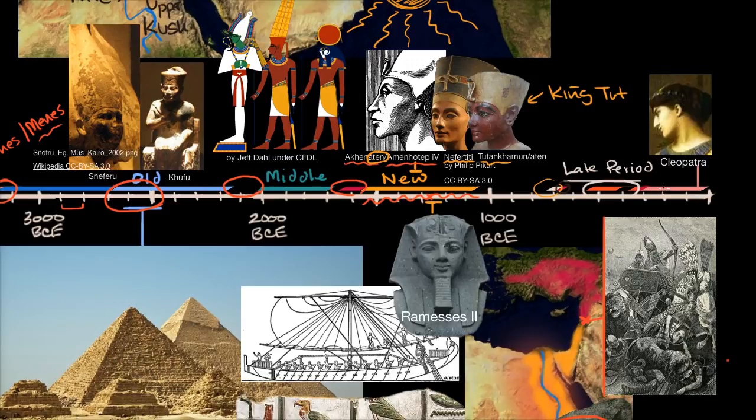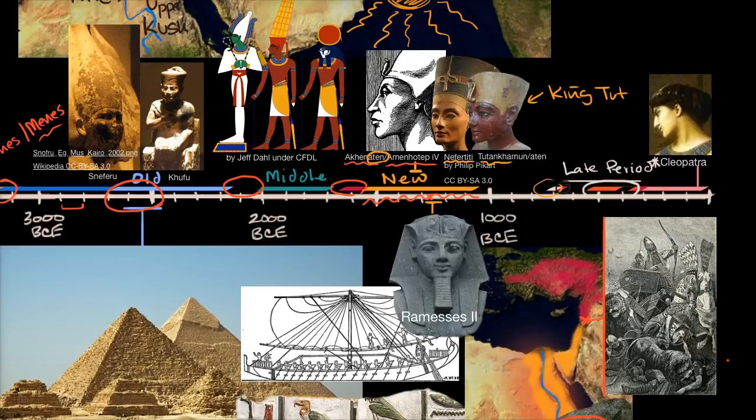And now it's being ruled by foreigners. Well, it's been ruled by foreigners for a while now, but now it's by the Greeks. And the famous Cleopatra, who's considered a pharaoh of Egypt, she's actually Greek by blood. She is actually the one that seduced, you could say, Julius Caesar and Mark Antony. And after Cleopatra's death, eventually, it becomes part of Rome.